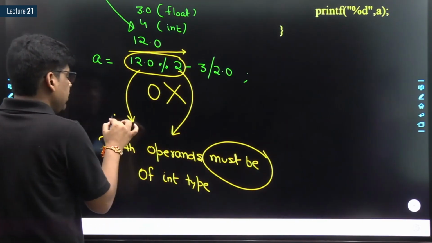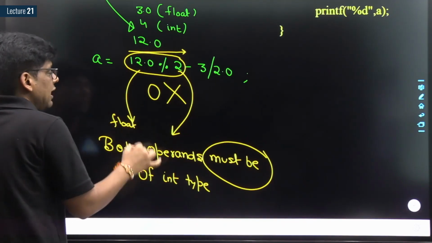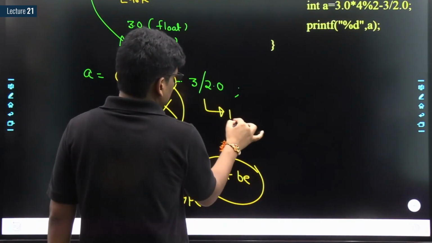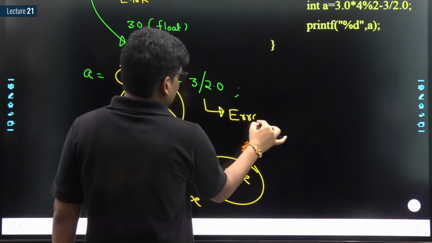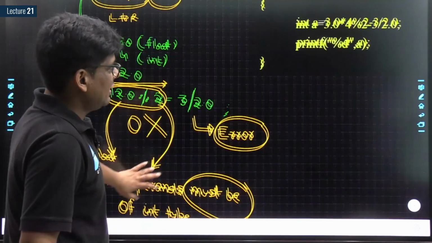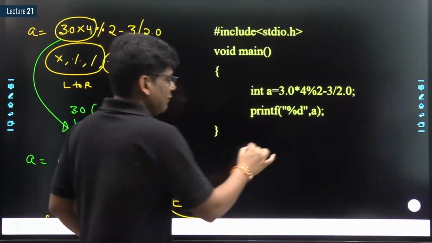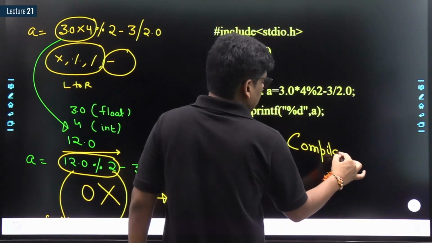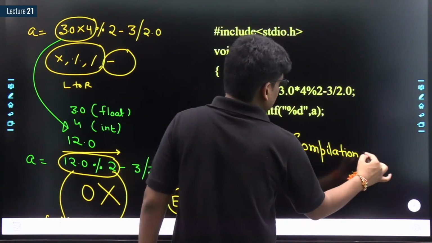But here we have a float value. That is why the compiler will shout error. So what is the output of this code? The output of this code is nothing but compilation error.